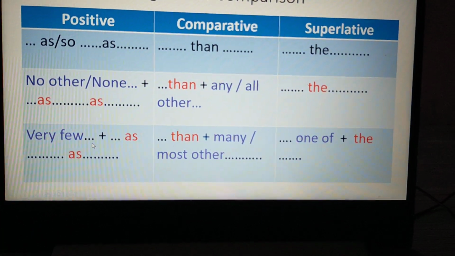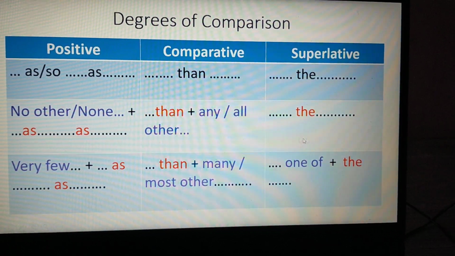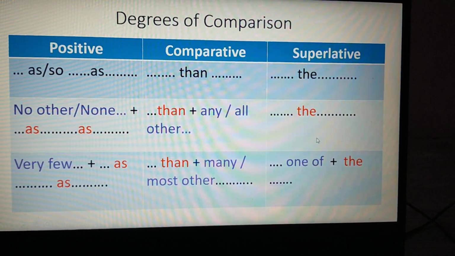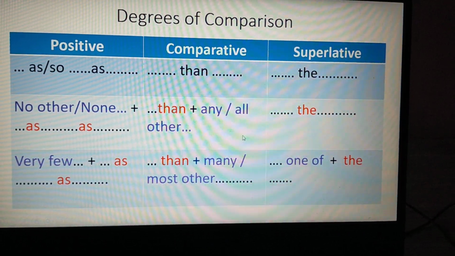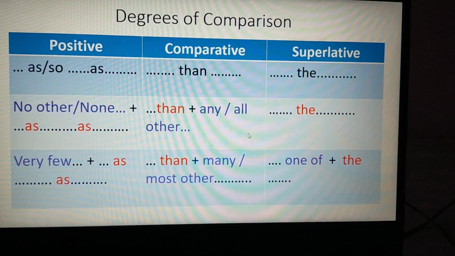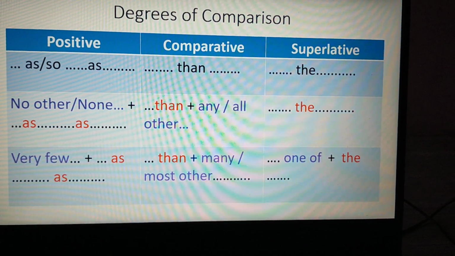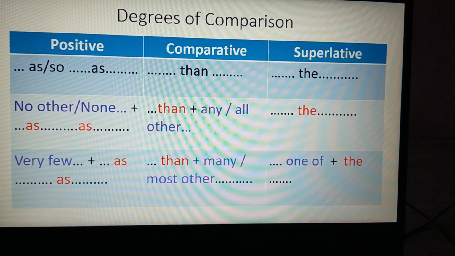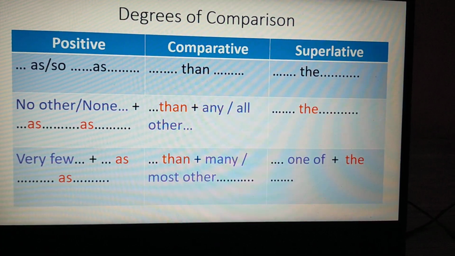Now for instance, if you get a sentence in the examination where the sentence is given in the superlative form, you have been asked to change into comparative and positive degree. First of all, you have to see whether in the superlative degree the sentence formation is just "the" before the superlative, or it is "one of the".